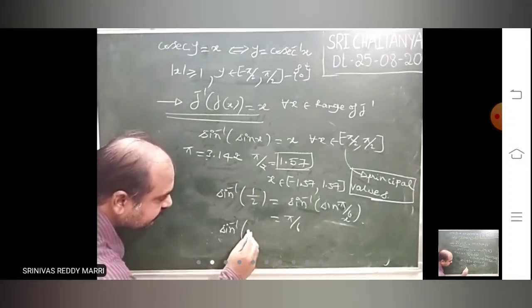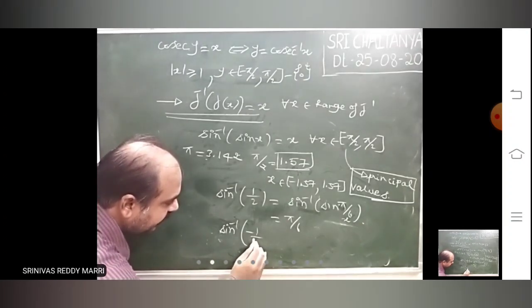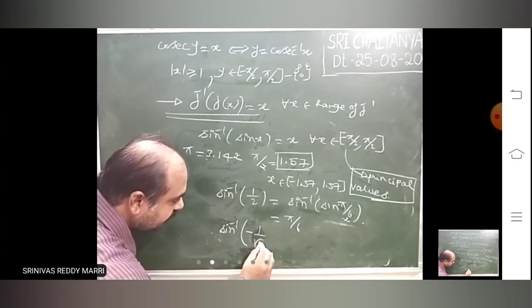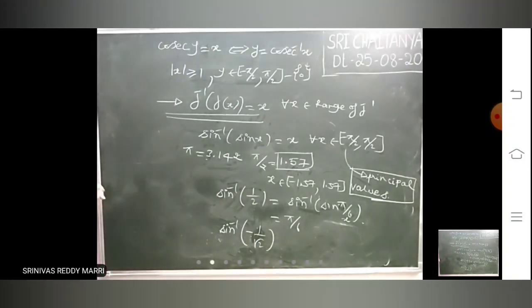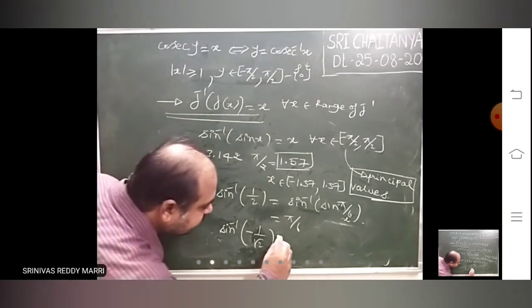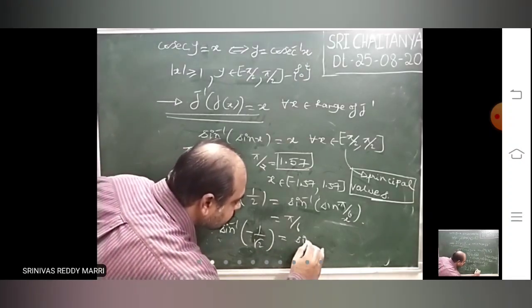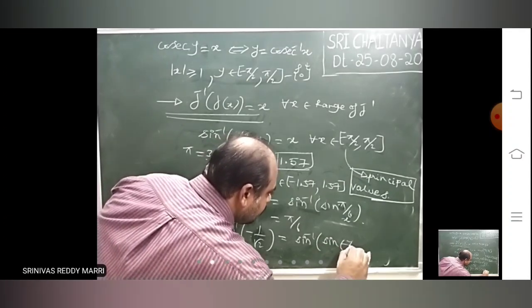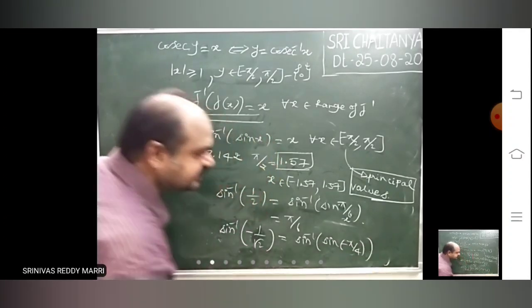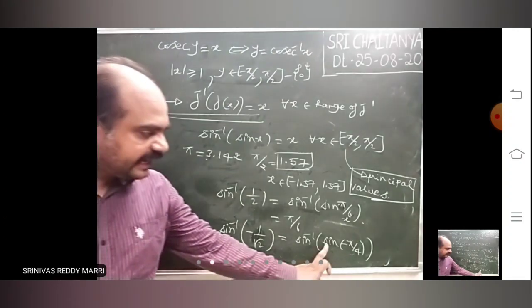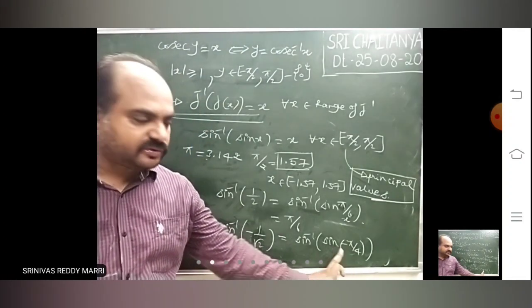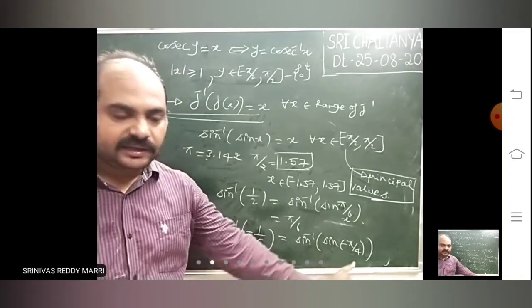Right? Suppose look at this one. Sine inverse of minus 1 by root 2. You can write this as sine inverse of sine of minus pi by 4. Sine of minus pi by 4 is minus sine pi by 4. So this is sine inverse sine x.